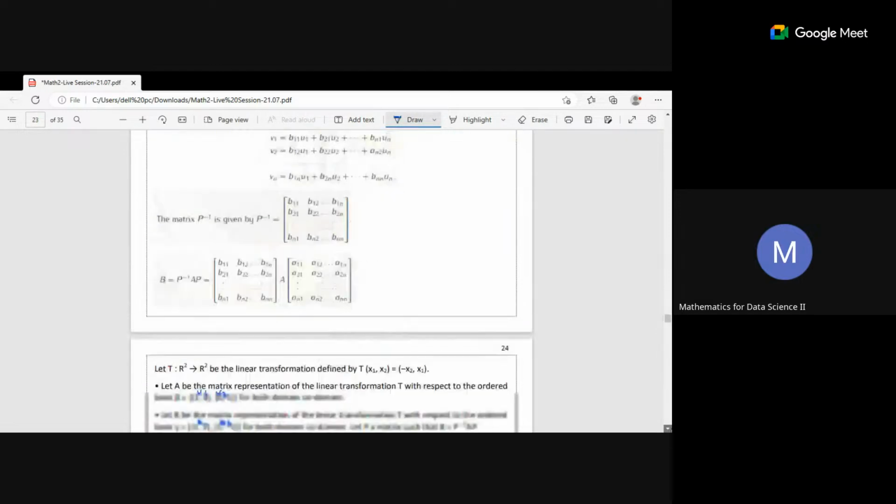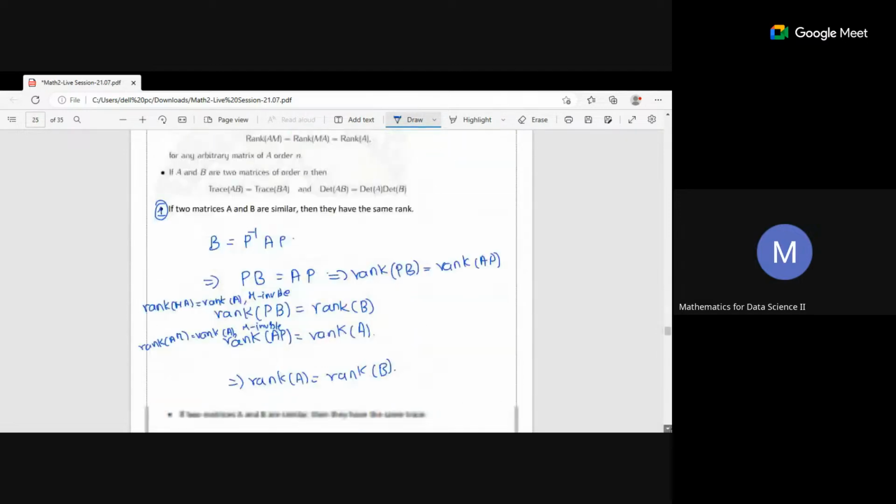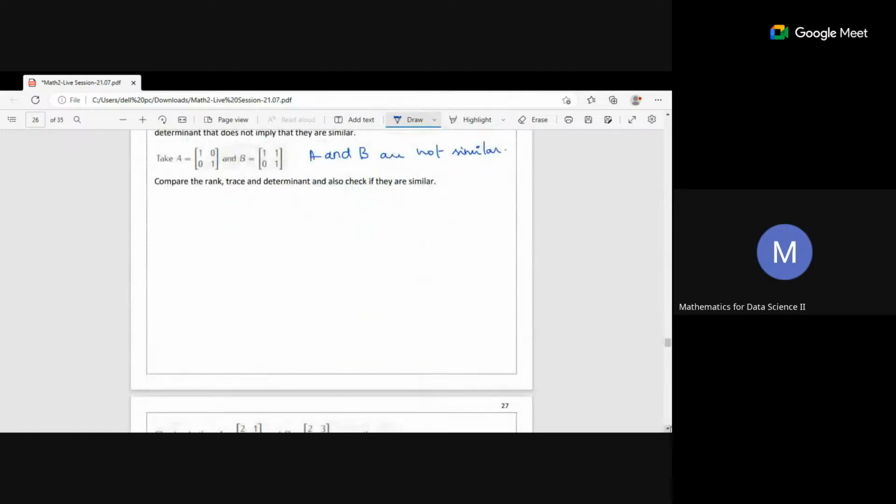So since A and B are not similar, but still you see that the rank of A is equal to rank of B is equal to 2. And what is the trace? 2. And what is the determinant? 1. So you see all of them coincide, but they are not similar. So the converse need not be true.